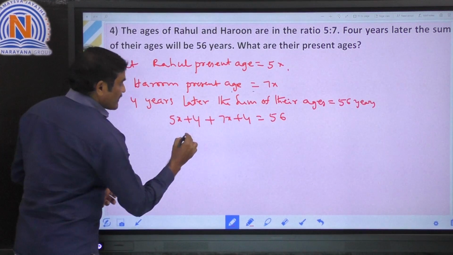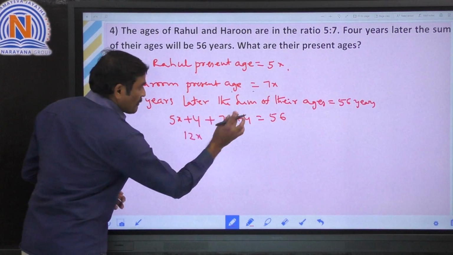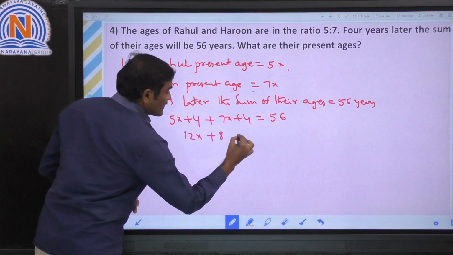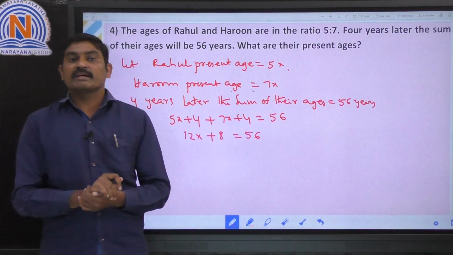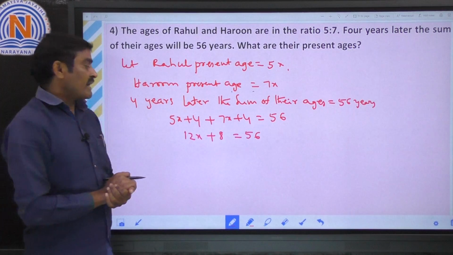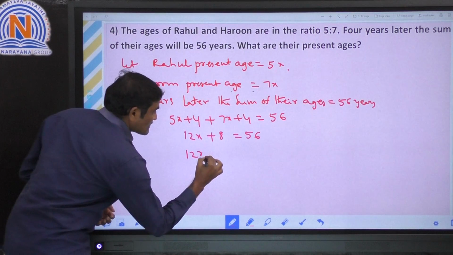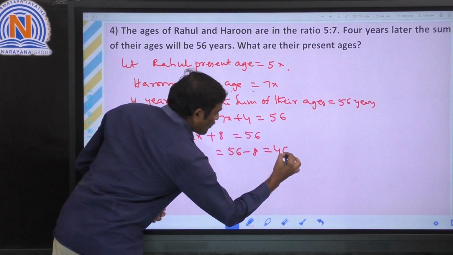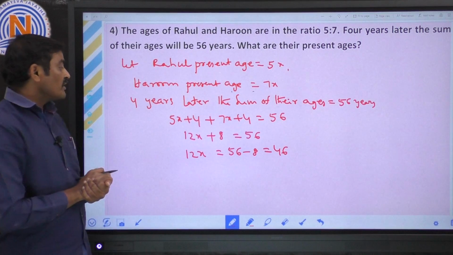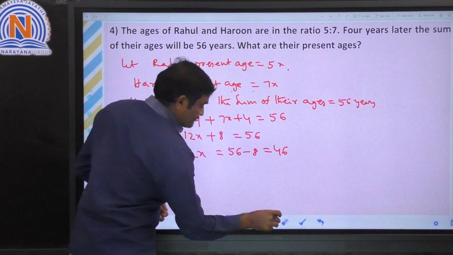Now 5x plus 7x is 12x, 4 plus 4 is 8, is equal to 56. Now that plus 8 will be transferred to the right side, will become a subtract. So 12x is equal to 56 minus 8, is equal to 48.